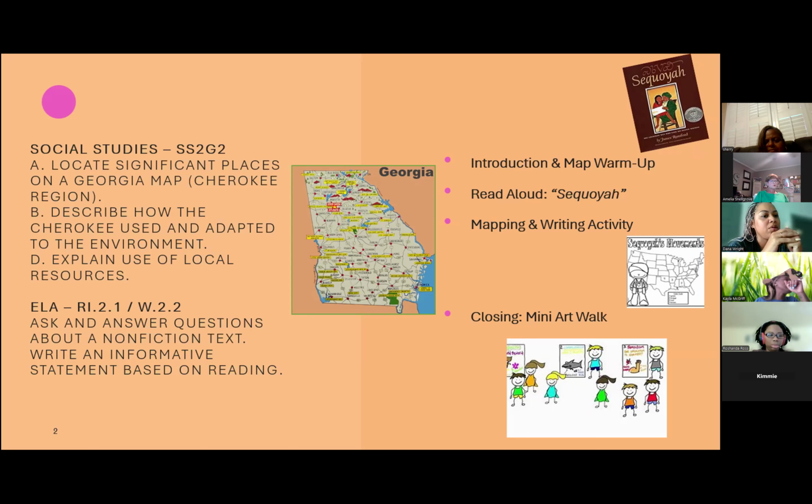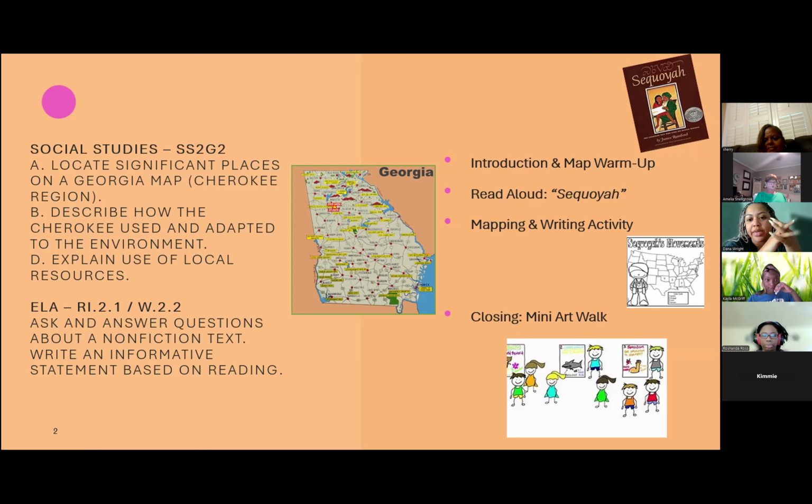Basically, we'll locate significant places on a Georgia map, describe how the Cherokee used and adapted to the environment, explain use of local resources, and then with ELA and some writing, ask and answer questions about a nonfiction text and write an informational statement based on their reading.